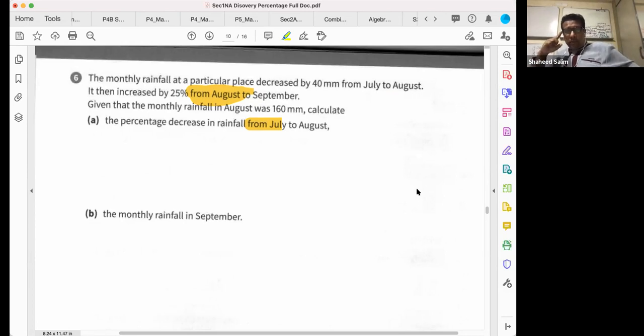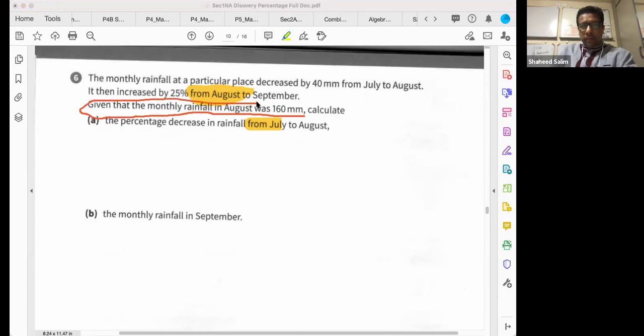Okay. You've got to work backwards. You've got to do this first. Don't answer the question first. You do this part first because you only know about August. You know about August, right? So August is 160 mm.